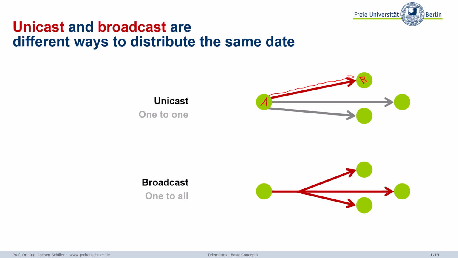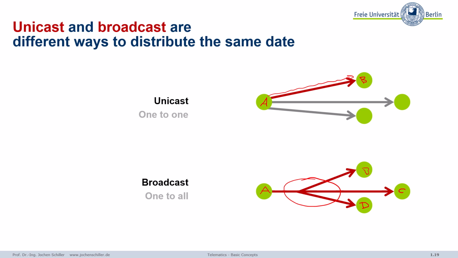There are other systems where A wants to send to everyone. That's called a broadcast. Then we will reach B and C and D, maybe at different points in time, but the network in between has to be able to distribute the data.